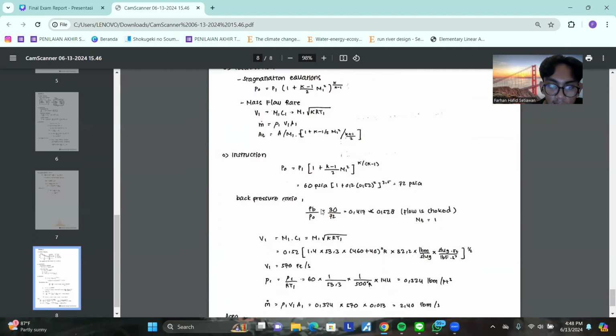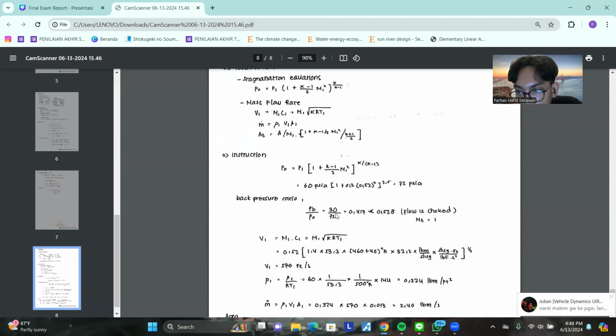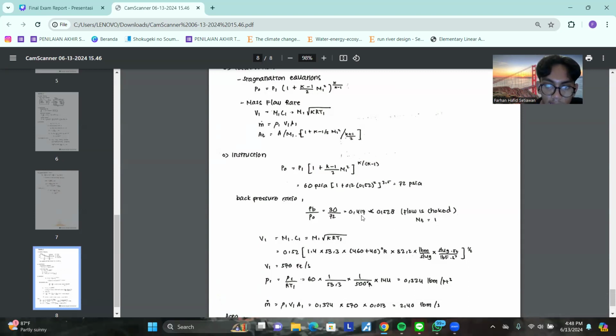So we can calculate the pressure ratio by dividing PB by P0, which equals 30 per 72, equal to 0.417. That is lower than 0.528, which concludes that the flow is choked. And so for choked flow, MT is equal to 1.